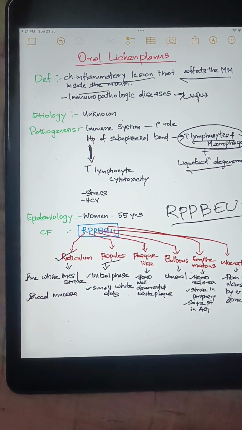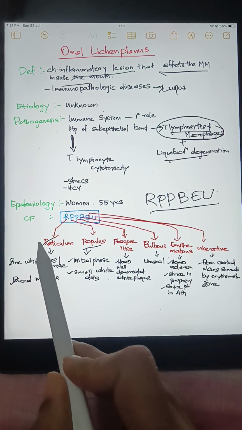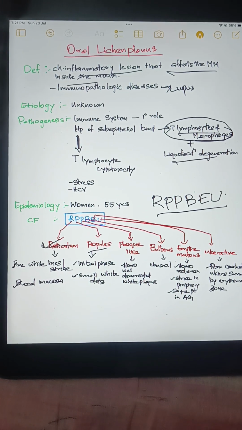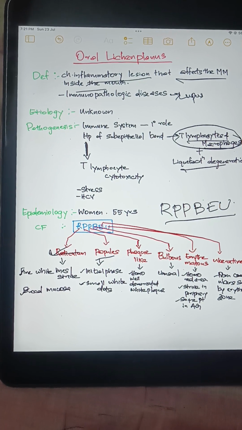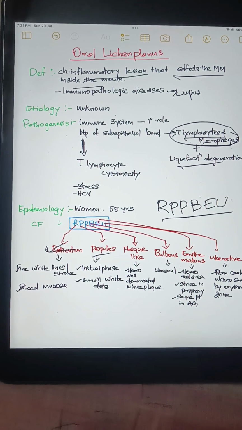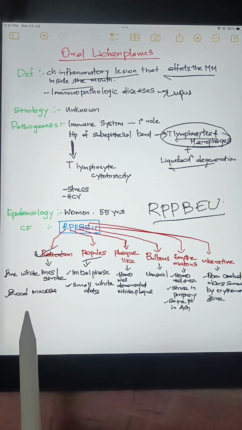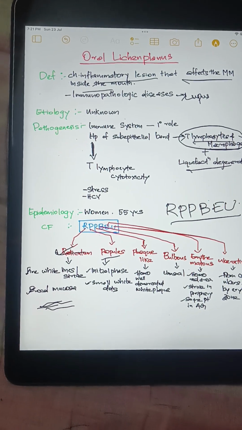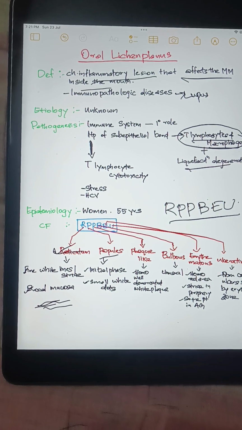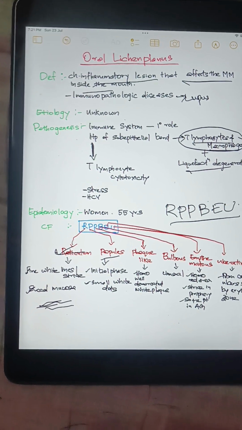The first one is the reticular form. This reticular form can be seen as fine white lines or striae, like this. These striae are most frequently seen in the buccal mucosa.